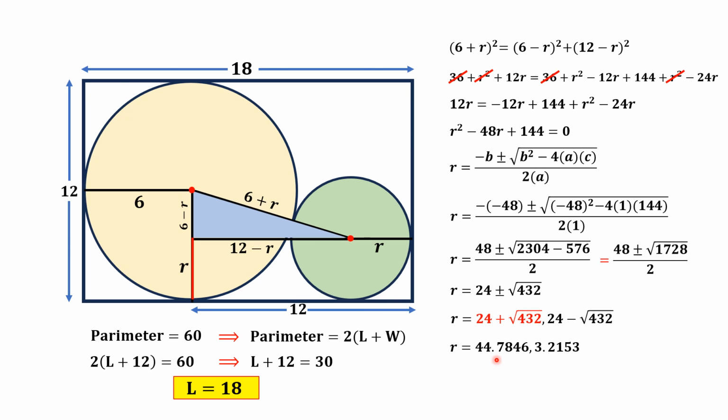So the value 44.7846 is impossible, and thus we reject this value. The only possible value of r is 3.2153. So the radius of this smaller circle is 3.2153 units. That is the answer. Thank you for watching.